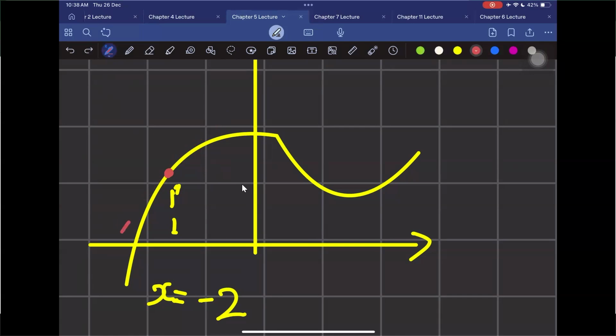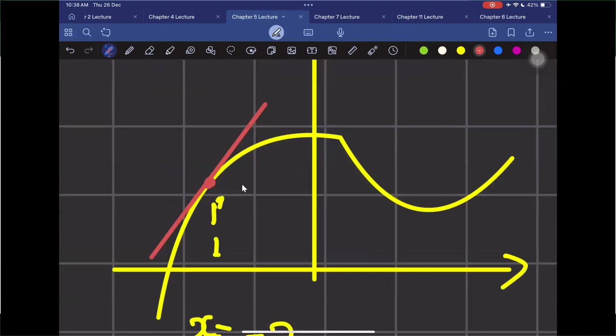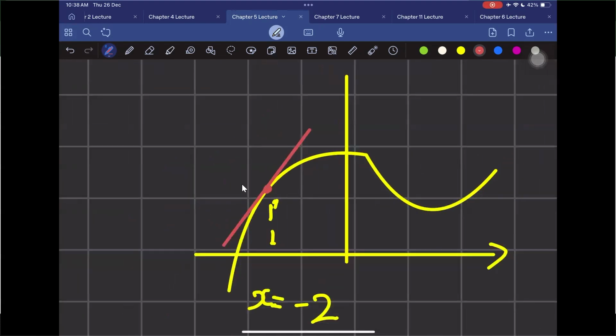Make sure your tangent line is even. You can draw a tangent like this, but just make sure that the line is even. It's a bit hard for me to make it even here, but we'll go through more in practice.